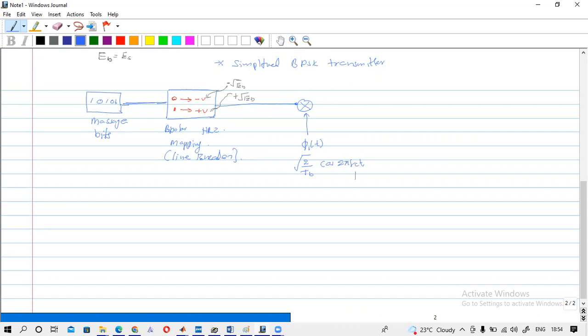This fc is the carrier frequency. For example, in 4G LTE, SLT uses the 2600 megahertz band, so this carrier frequency will be in this band.